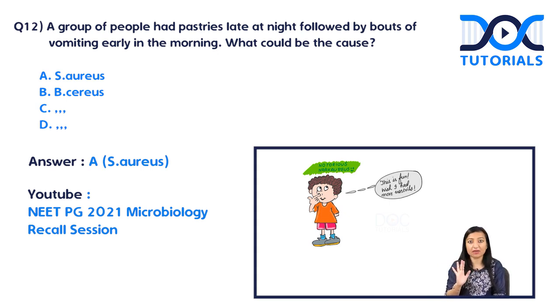The bacteria are heat labile, but the enterotoxins which have already been produced by the bacteria are exquisitely heat stable, they will not be destroyed even on cooking. So when such food will be served to you, what you are going to eat along with the food? You are going to welcome to your intestines not just the food but the enterotoxins also, and then you will have food poisoning.